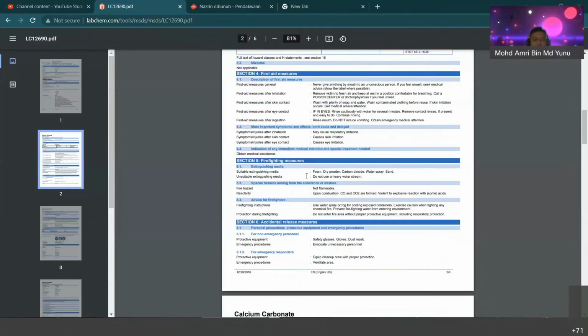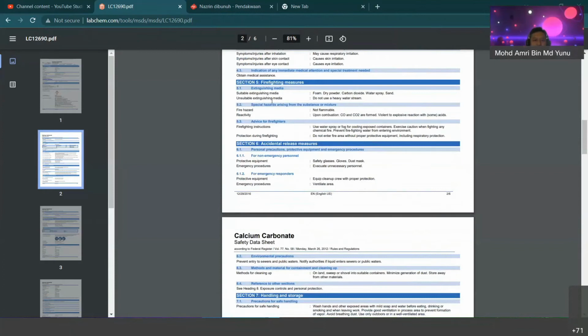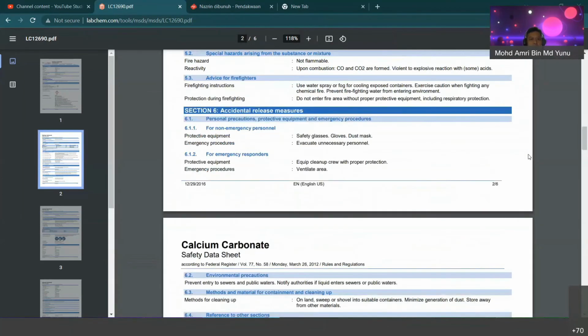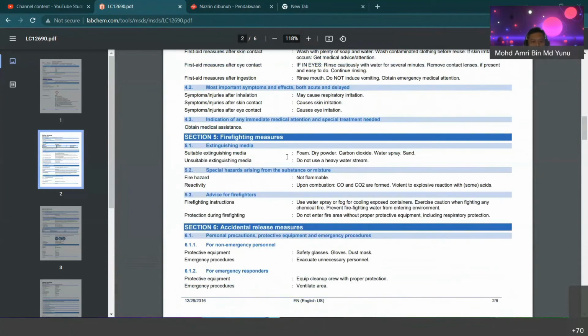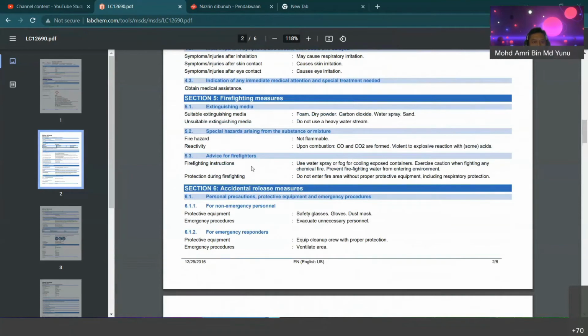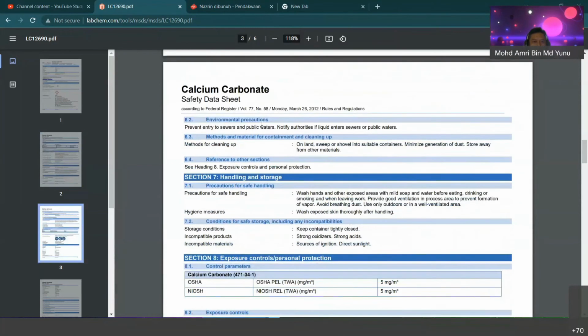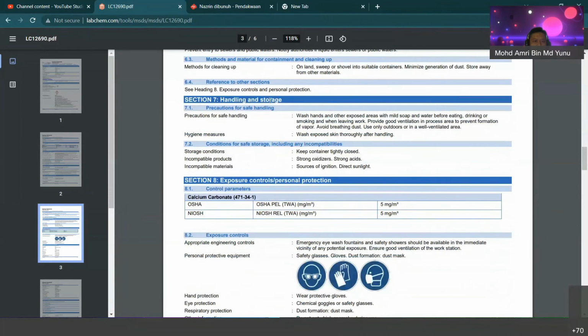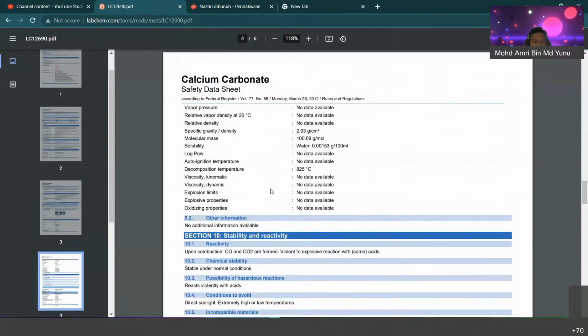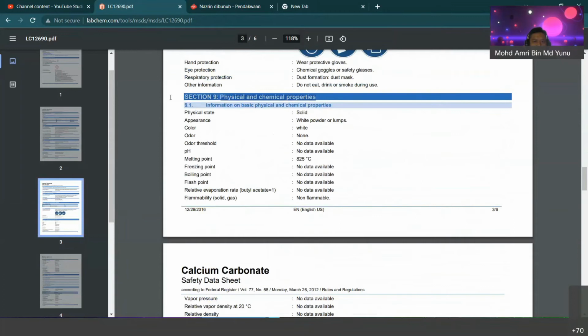Alright, we resume. See Section 5, firefighting measures: use foam, dry powder, I think. So they are advised for firefighters. Accidental release measures, environmental precautions, handling and storage, how to store, exposure control, physical and chemical properties.